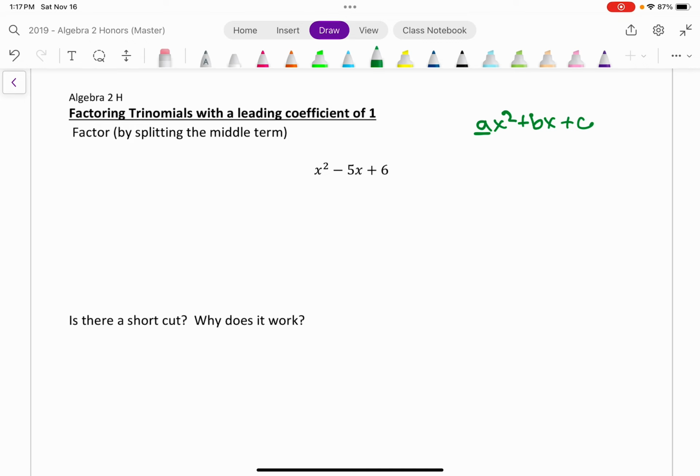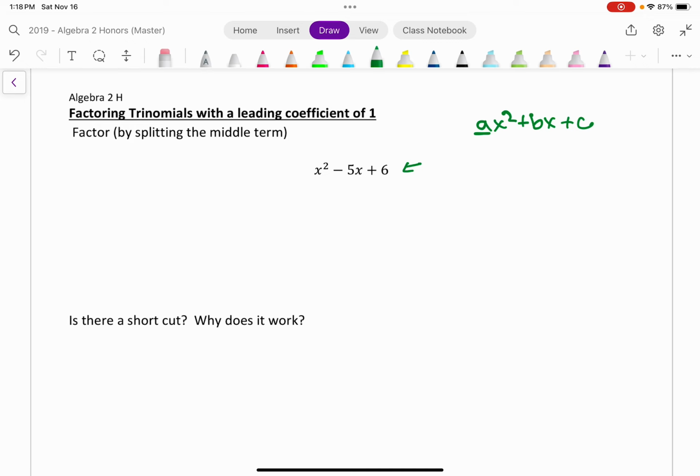We're going to split the middle term for the first one just so you can understand why the quick method or the shortcut for this works. I may ask on a test or a quiz to explain why it works without having to go through all the steps. Basically, what we would be doing is looking for factors of the last term that add up and give me the middle term.